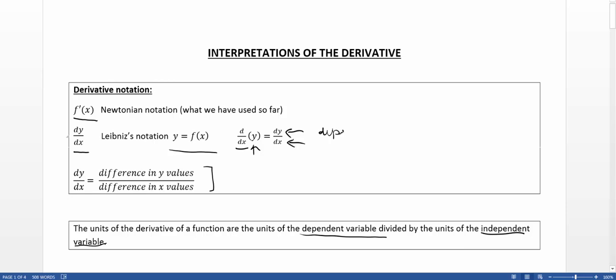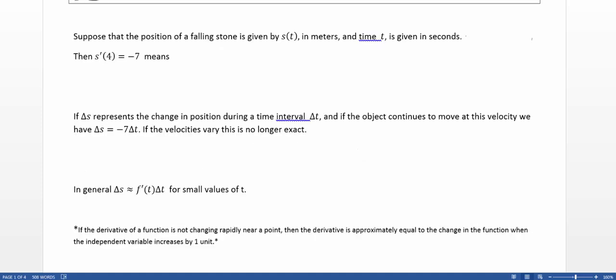Dependent is our y over independent, which is our x, which is the same thing we got when we did average rates of change calculations to estimate, because we were doing the change in y over change in x, and we were able to match up those units. So let's go ahead and look at a couple problems and start to understand how these units work and how we can attribute them to different problems we're working on.